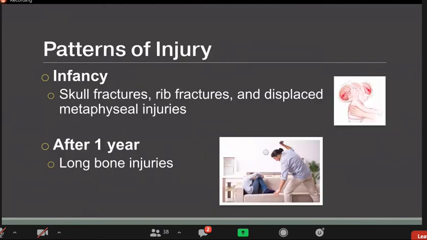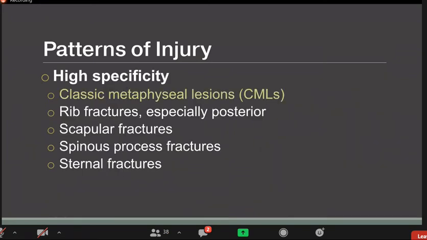The patterns of injury would depend on the mechanism of injury. In infants, usually we'll see skull fractures, rib fractures, and displaced metaphyseal injuries, while in those older than 1 year old, long bone injuries become more common. These are the patterns that have a high specificity, and classic metaphyseal lesions would actually be the most specific.